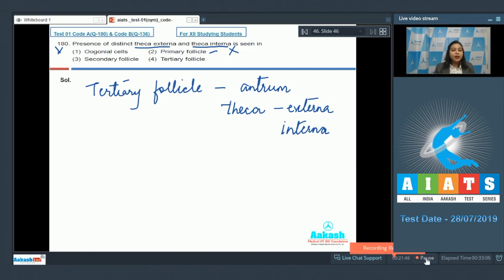The secondary follicle contains the primary oocyte and is not covered by theca interna and theca externa. Rather, it has got just few layers of follicular cells. So in this case, students, our answer becomes tertiary follicle, that is option number 4. The tertiary follicle which contains a distinct theca interna and a distinct theca externa.